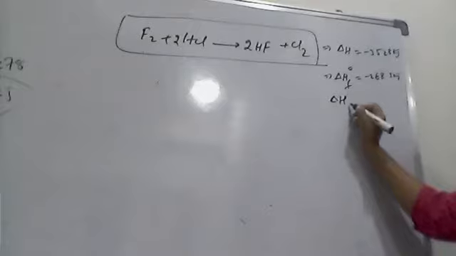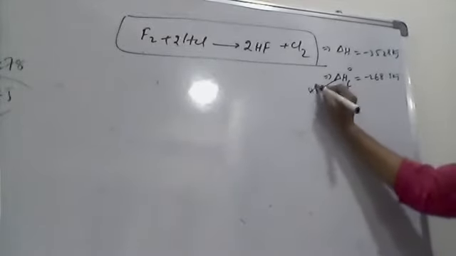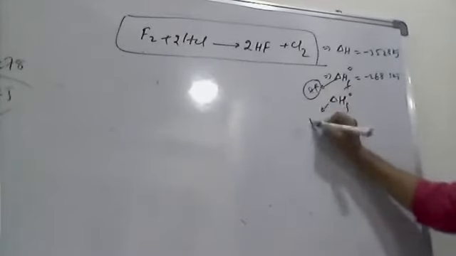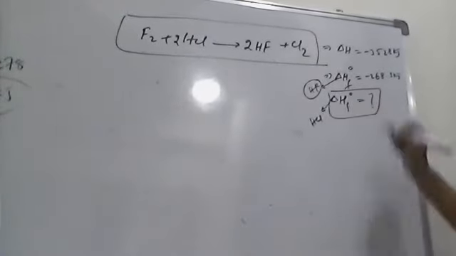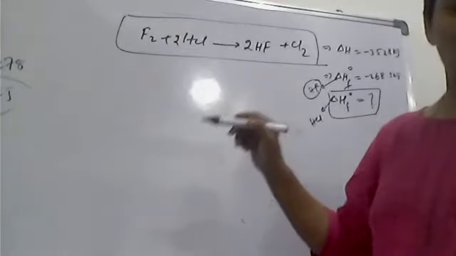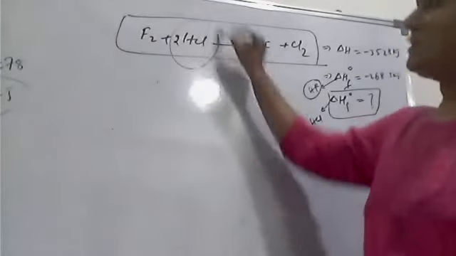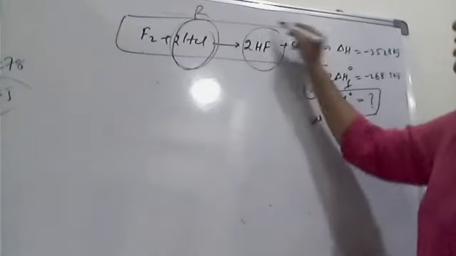The value for HF is given, and you have to calculate for HCl. In this reaction, HCl is the reactant and HF is the product.